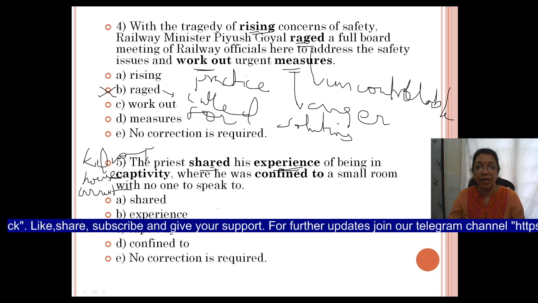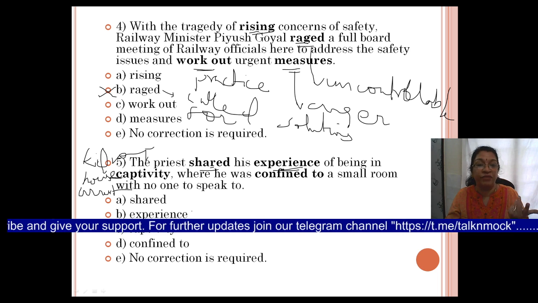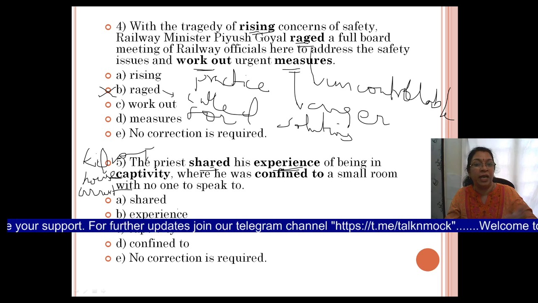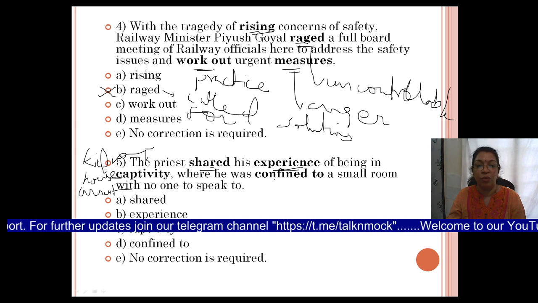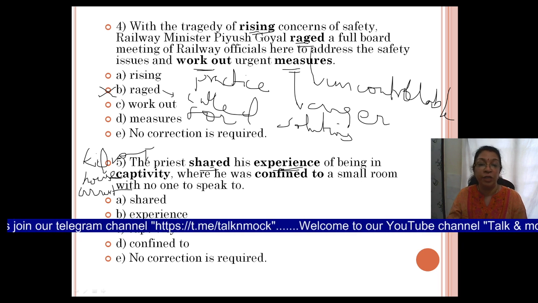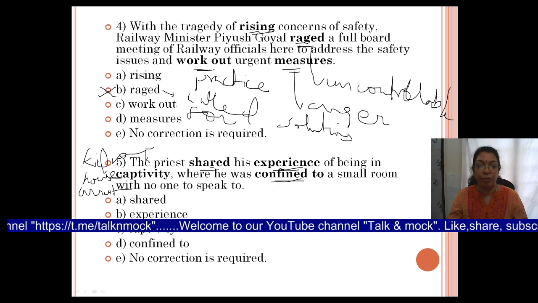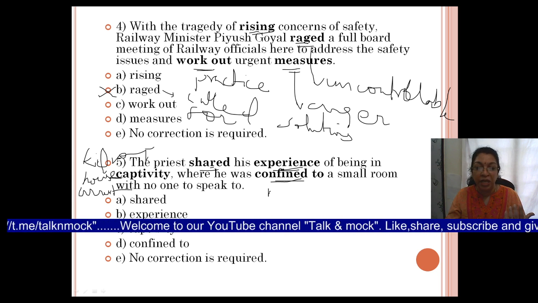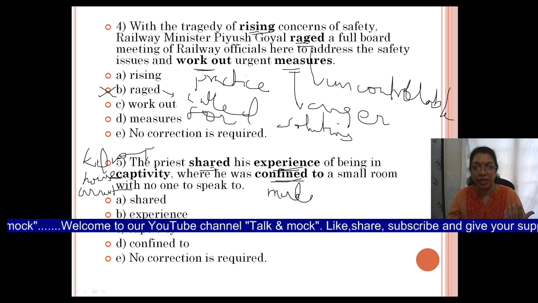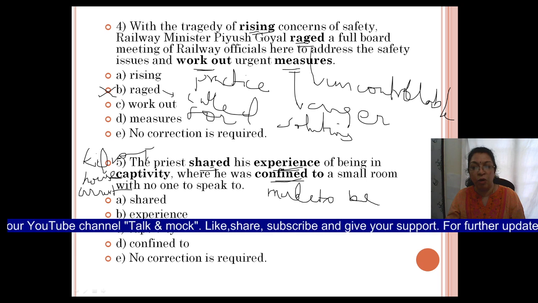So let us see, shared his experience of captivity. So at one point of time he has been captured or kidnapped, where he was confined to a small room with no one to speak to. So this is very relevant. He was confined to means he was made to be in a small room.